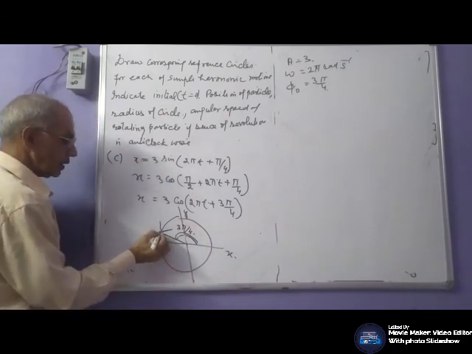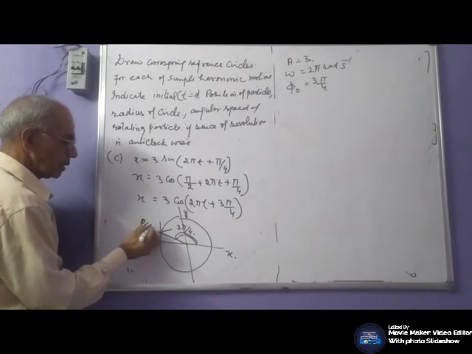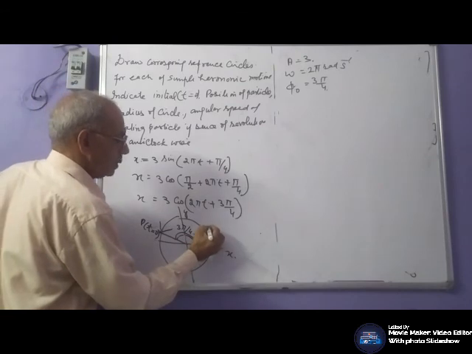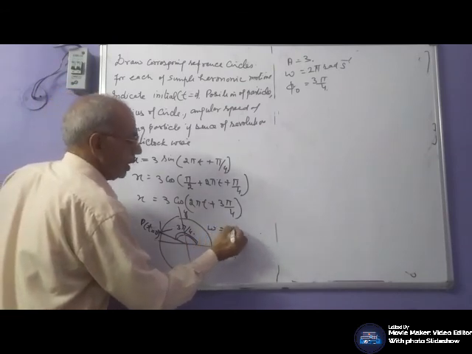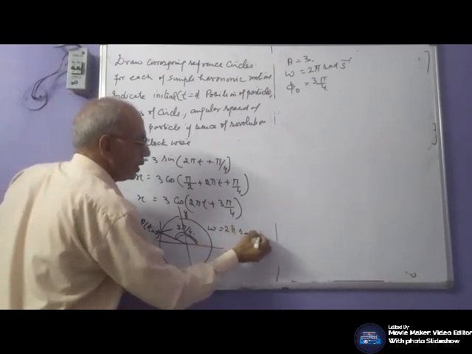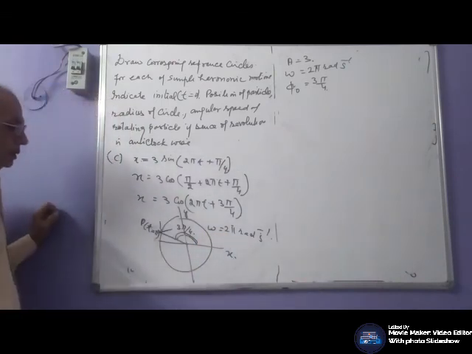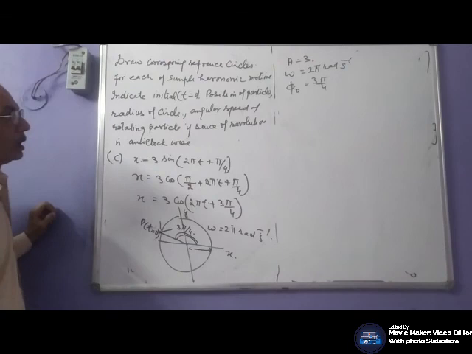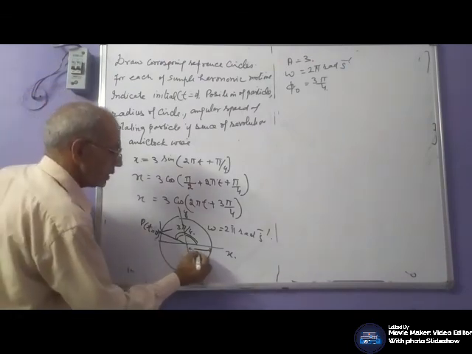This is the starting point, and omega 2 pi radian per second. A is 3, x-axis.